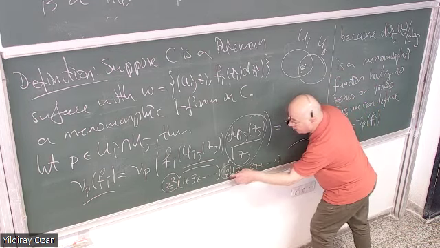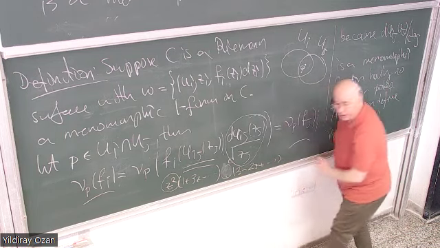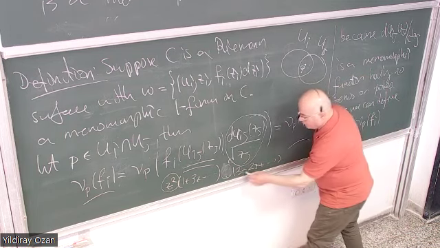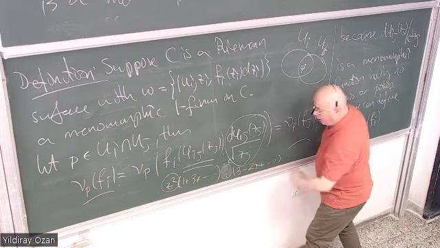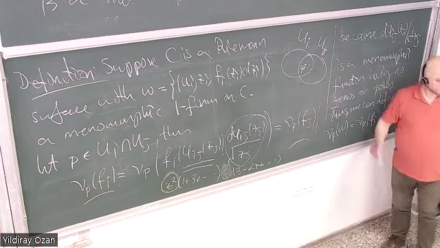Therefore, it cannot start with z. So it should start like this. Therefore, when you multiply this out, you will still get z squared. Okay, so that's the point.